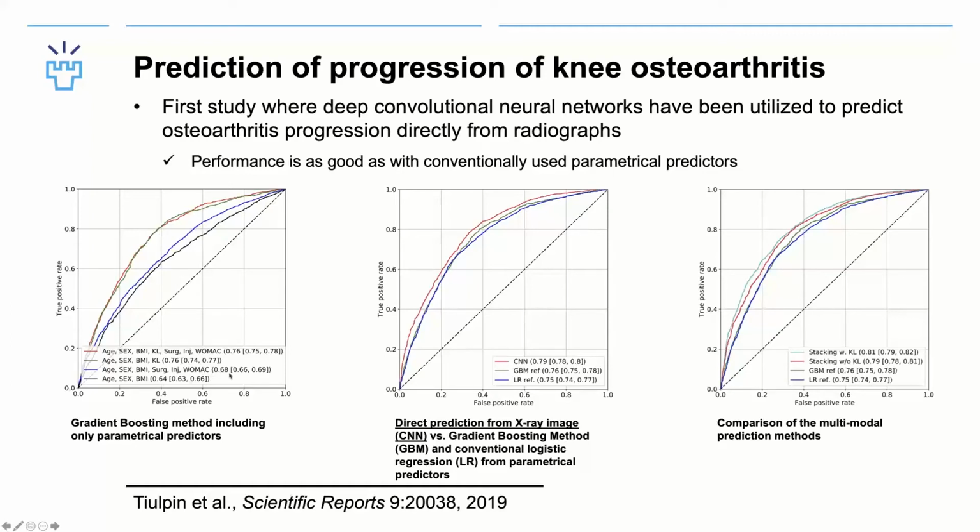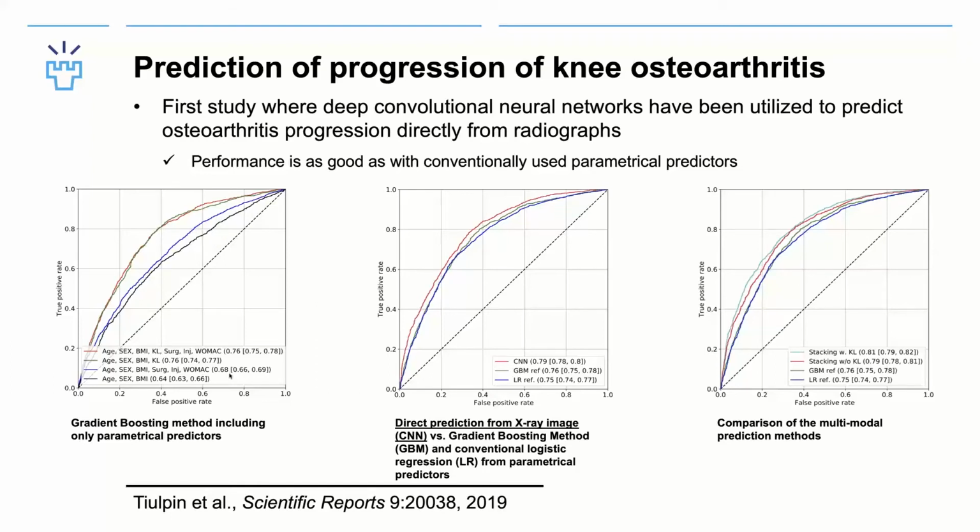So basically this kind of clinical background information that you can get. Our results showed that you can actually get the same level of prediction directly and automatically from the image. So we didn't get any additional value when we supplemented the image with this clinical background data.